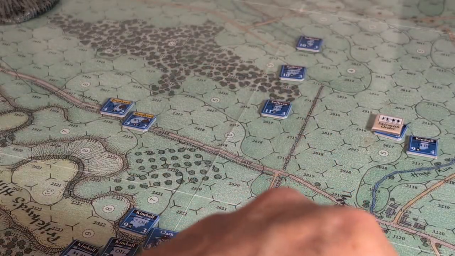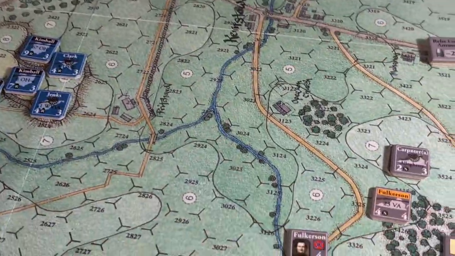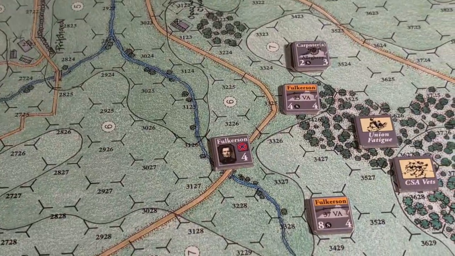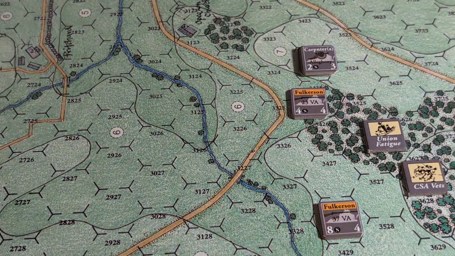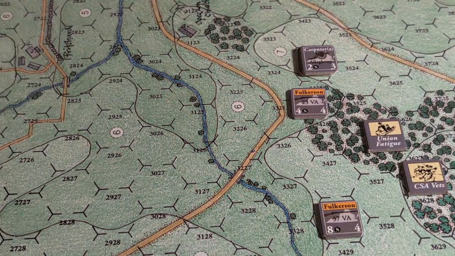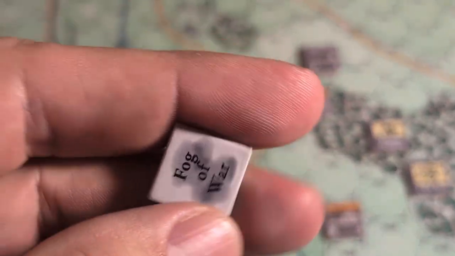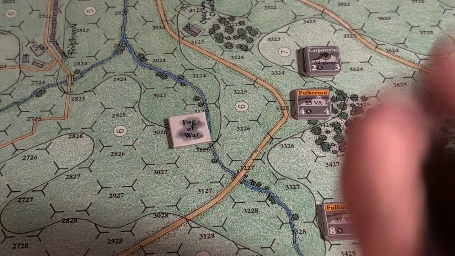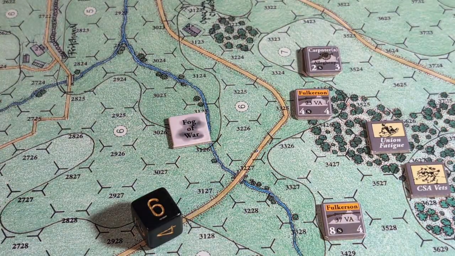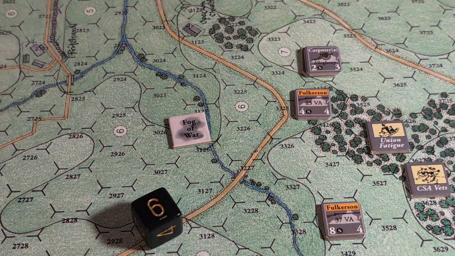Okay, Fulkerson. There's his units. He got a 6, so he can't do anything. Fog of War. So now we roll. Got a 6.